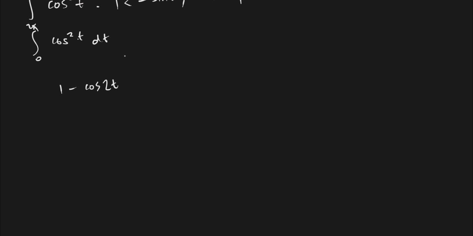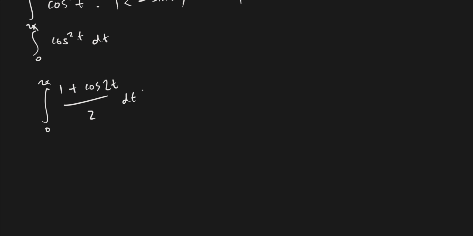Yeah, so cos squared t is cos 2t plus 1 over 2. So sorry, this should be a plus here. Sorry about that, I should really know that, but it's always good to double check these things.